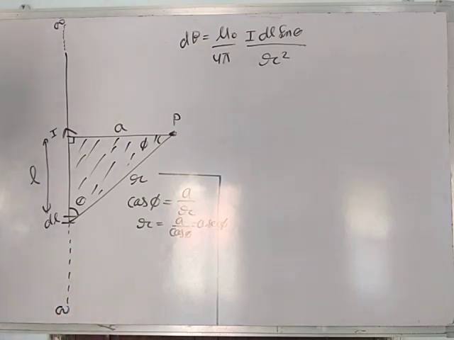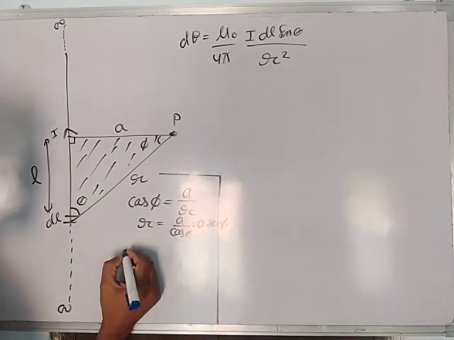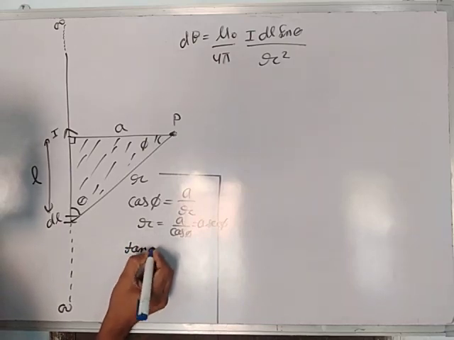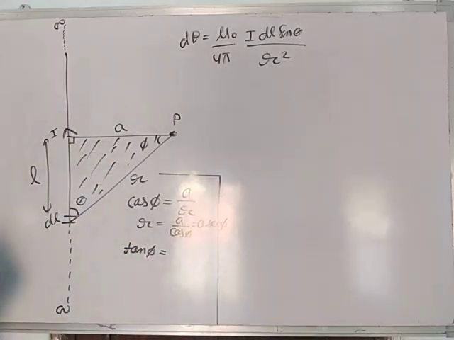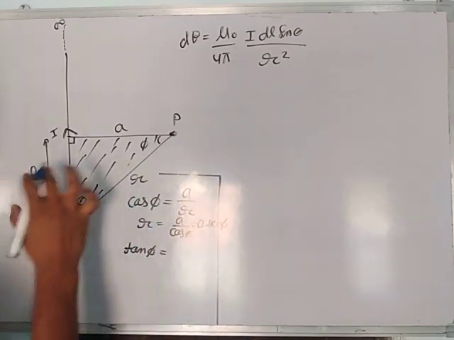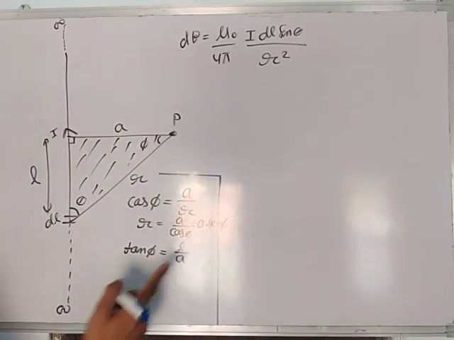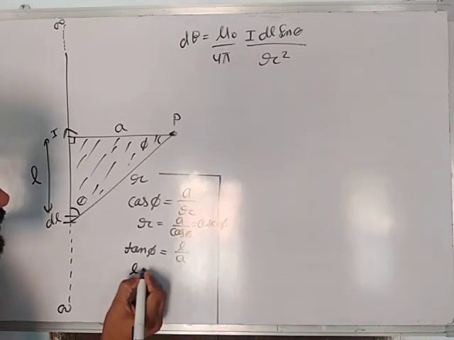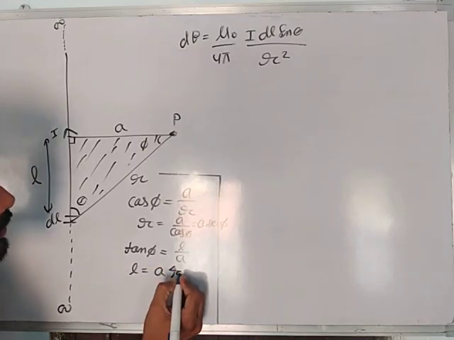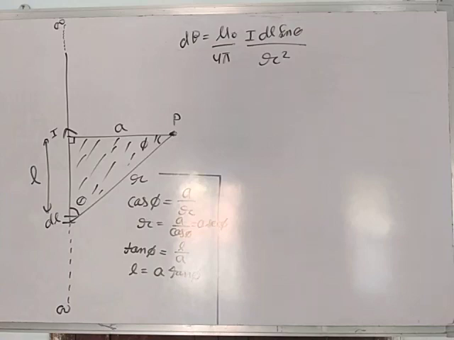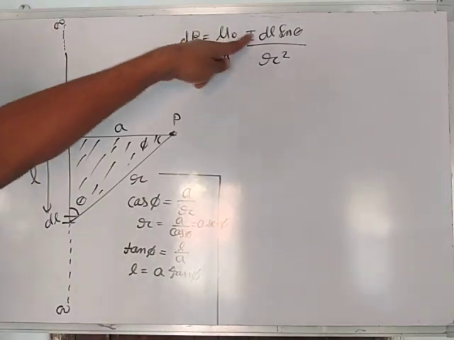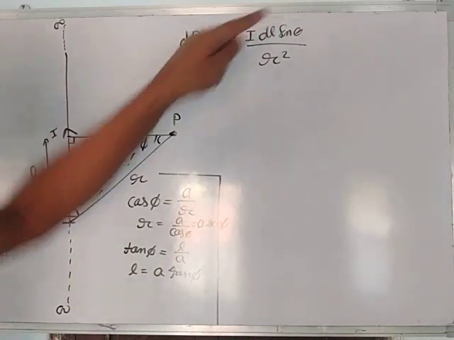Second one is apply the formula tan phi in the same triangle. Tan phi is equal to perpendicular upon base, L by A. From here you will get L is equal to A tan phi. But our substitution requires dl.